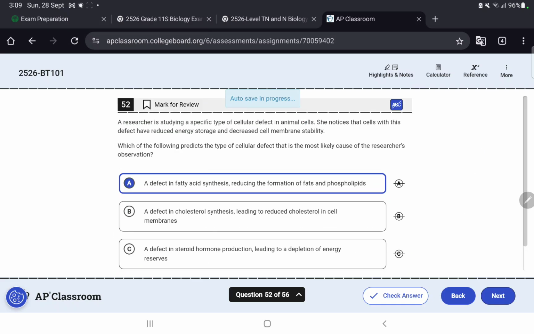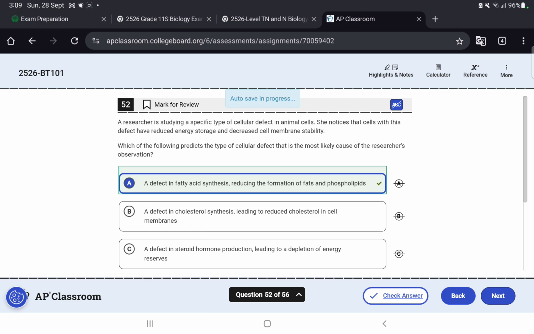Correct. A researcher is studying a specific type of cellular defect in animal cells. She notices that cells with this defect have reduced energy storage and decreased cell membrane stability. Which of the following predicts the type of cellular defect that is the most likely cause of the researcher's observation? So, a defect in fatty acid synthesis reducing the formation of fats and phospholipids. Okay. Why?